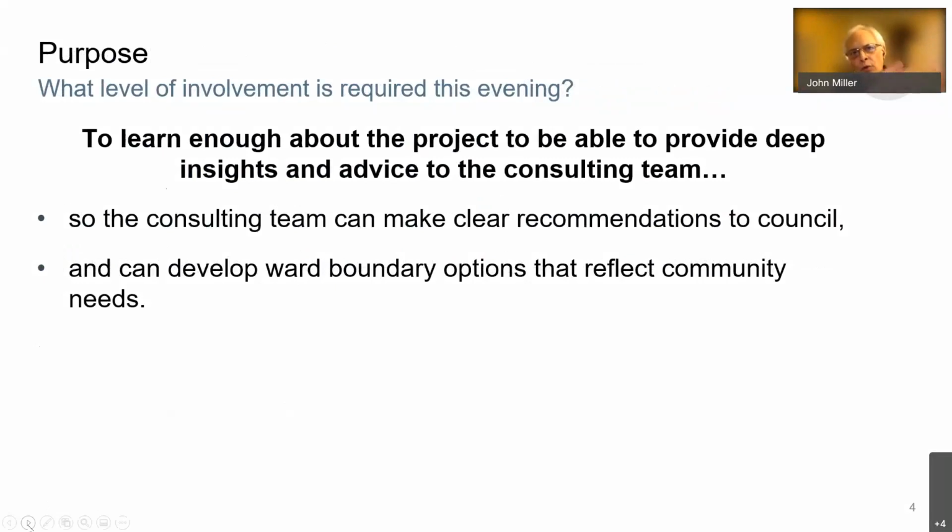Your wisdom and insight then feeds into, is read and discussed by a consulting team so that they can make clear recommendations to council, because council needs to make a decision on this. There are going to be 3 phases of consultation, and this is just one of them. We're here to make sure that you can participate. I'm going to answer all your questions, all right?